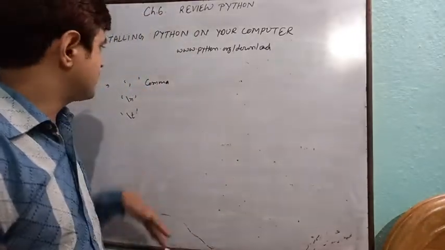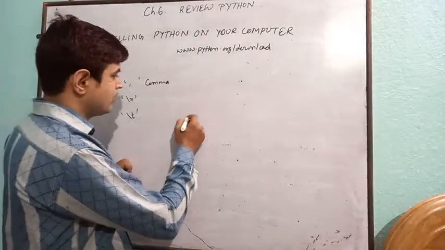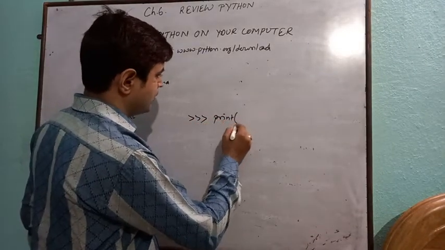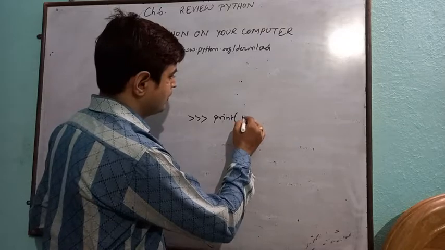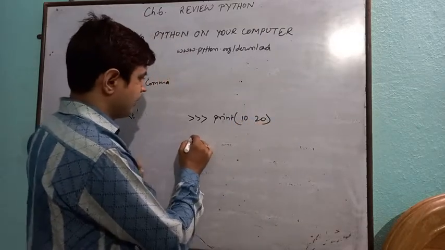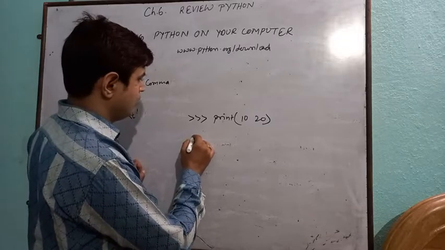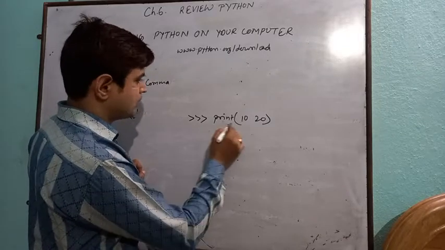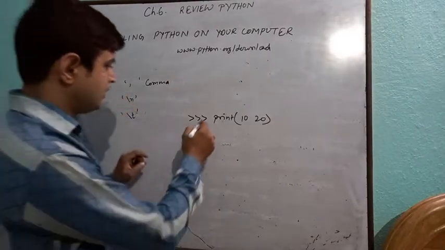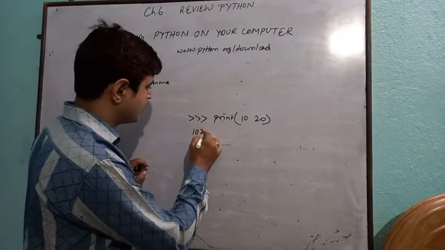Let us understand this with the help of an example. Say we want to print 10 20. When we didn't use a comma, it will display the result like this.